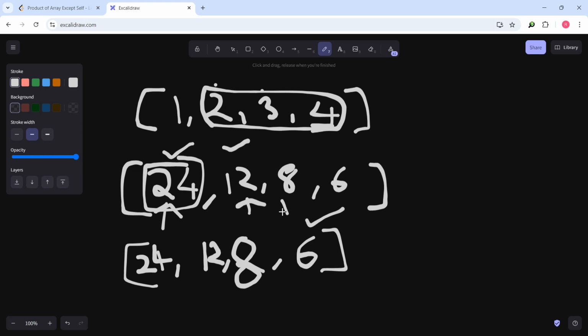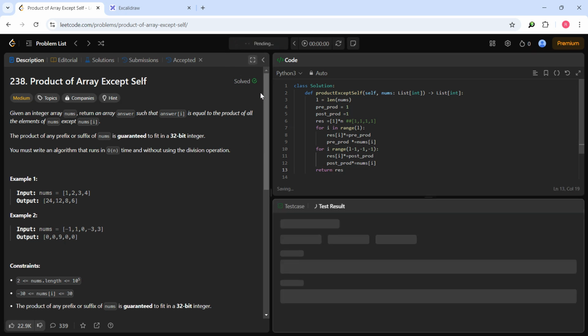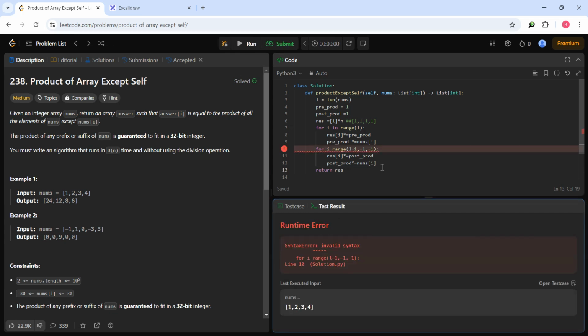So let's check if our code is correct and it is accepted. We have to just return that result. Let's try to run it. Let's check to see if there is some kind of error. Let me just see through it.